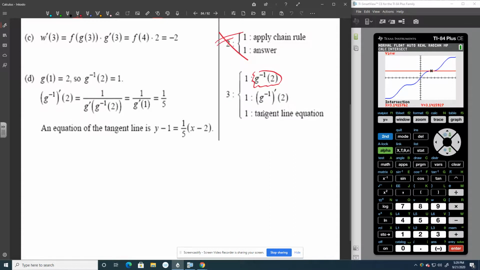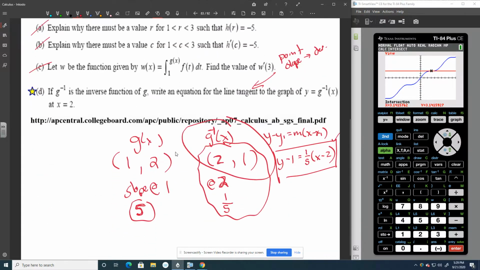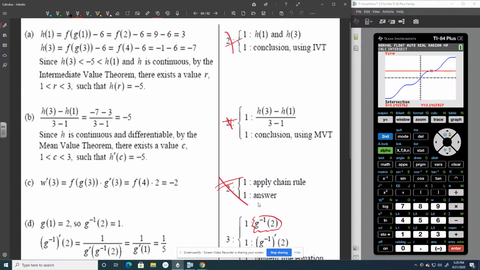We would get a point for saying that the derivative at the inverse of 2, basically the slope at the inverse, is the reciprocal of the slope at 1. Here we found that the slope at 1 is 5, so the slope of our inverse at 2 would be 1/5. So you'd have gotten a point right there.